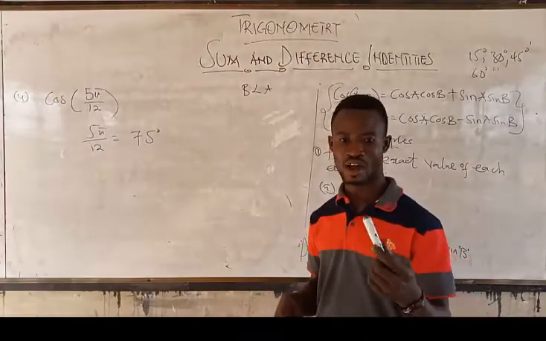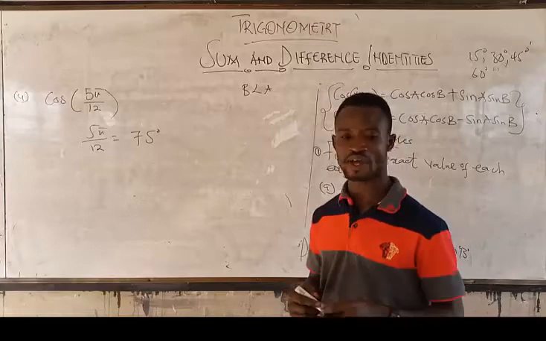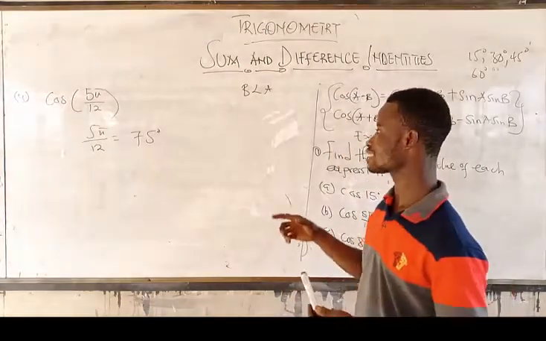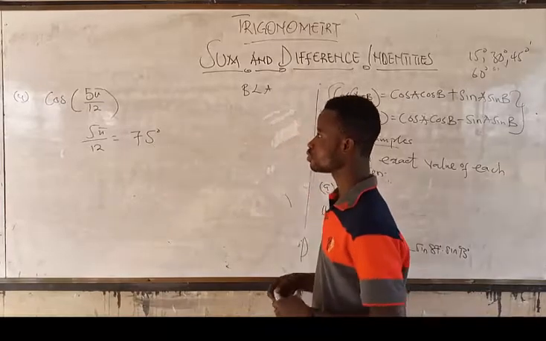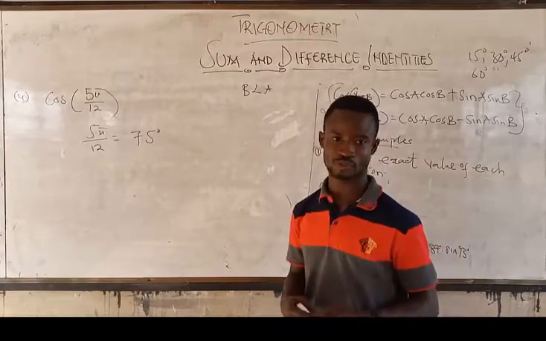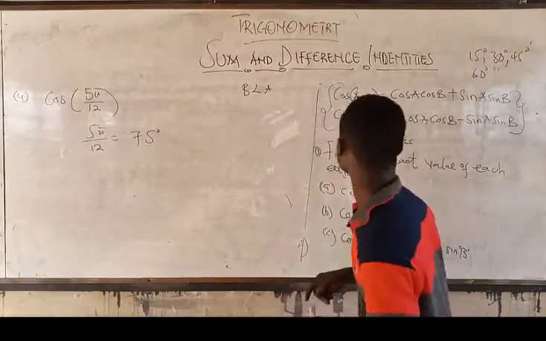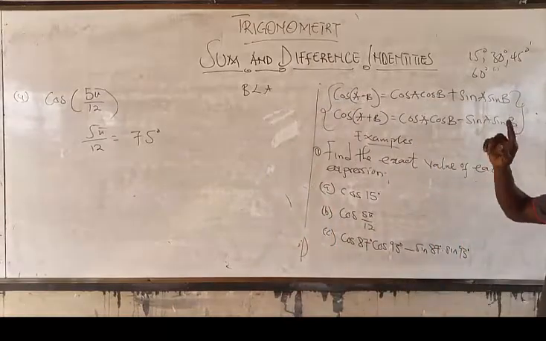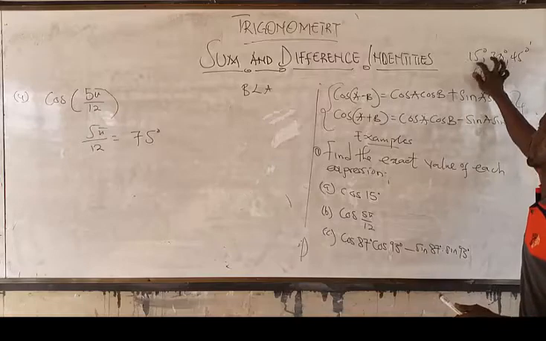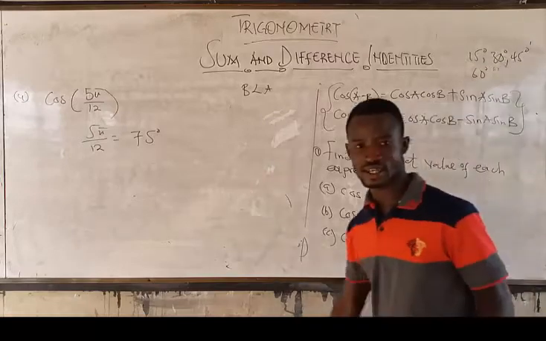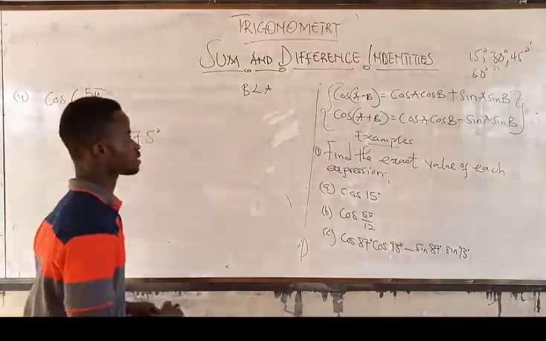Alright. Now, after getting the 75 degrees, which two angles can we combine to give us 75? You can see the two angles should be coming from these special angles.